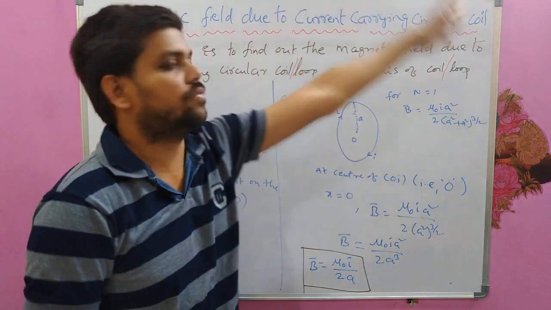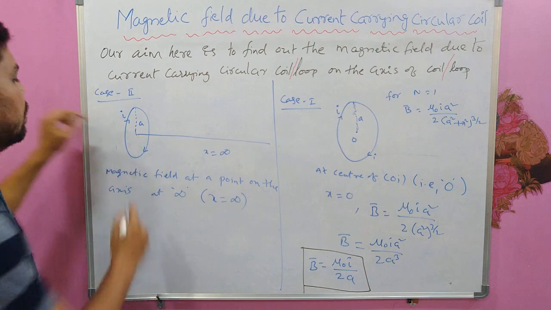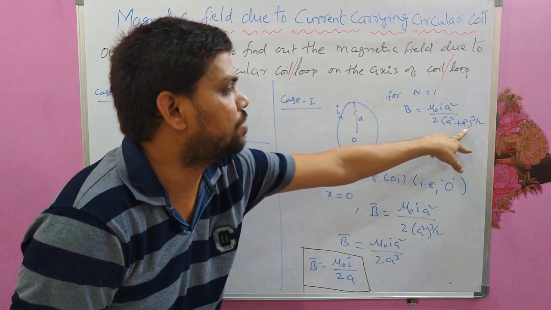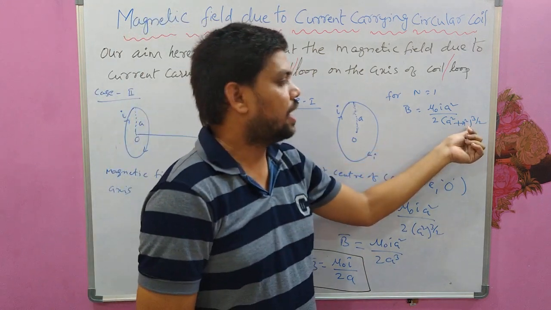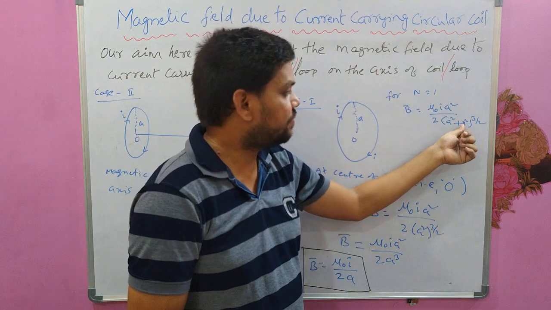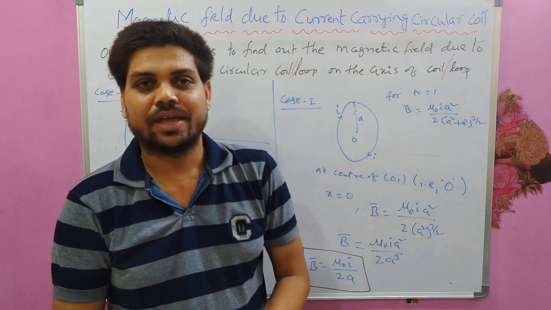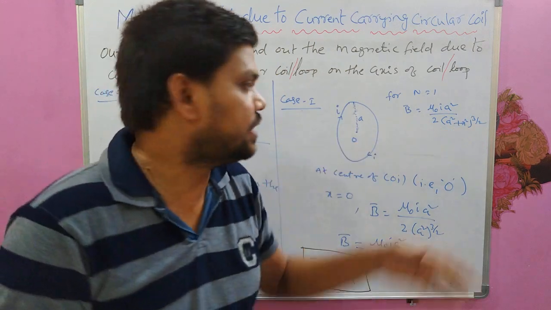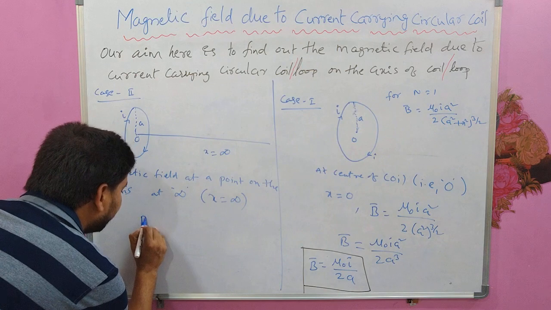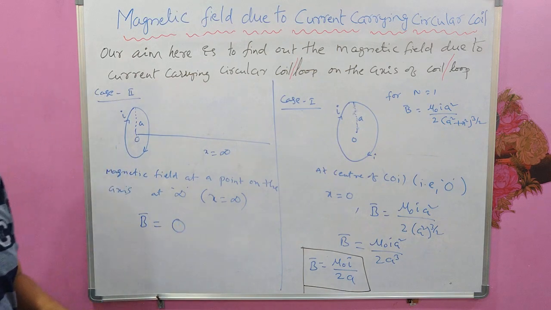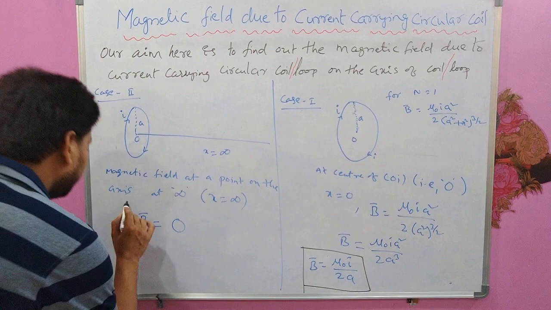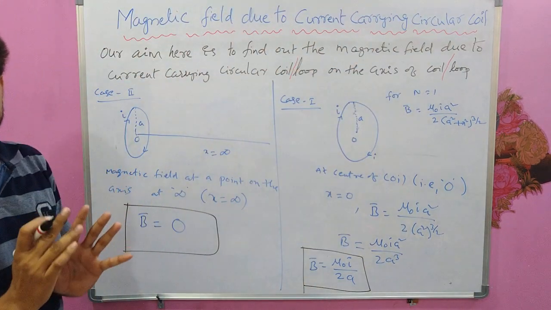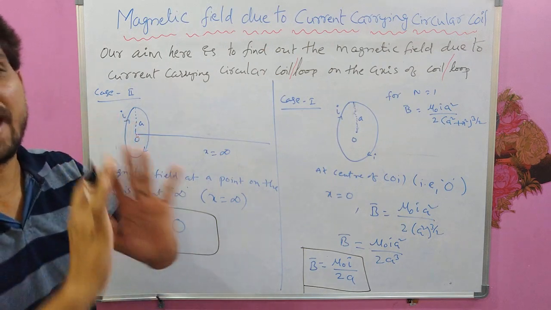P is very far from the center of the coil. If x equal to infinity, from this formula, what do you get? X is substituted as infinity, and infinity plus something is infinity, and in the denominator you will have infinity. If it is infinity in the denominator, the magnetic field will be 0. At a point which is very far away from the circular coil, at infinity distance, the magnetic field will vanish.